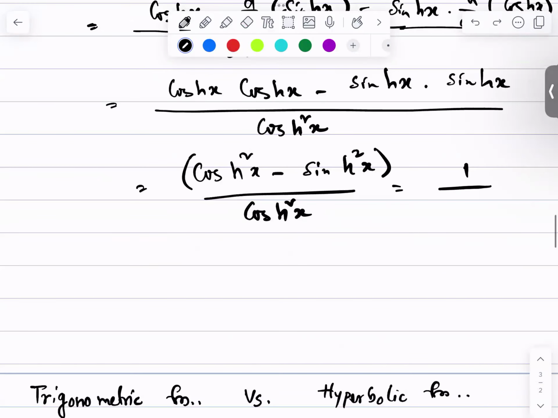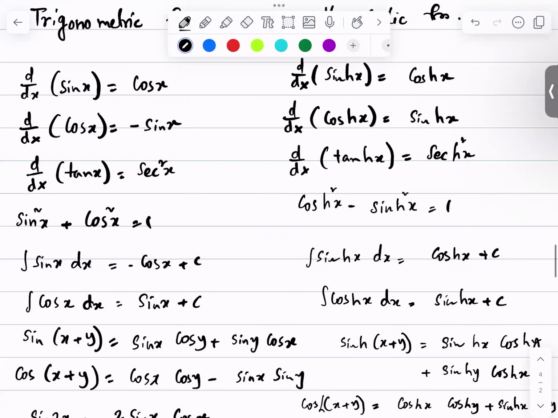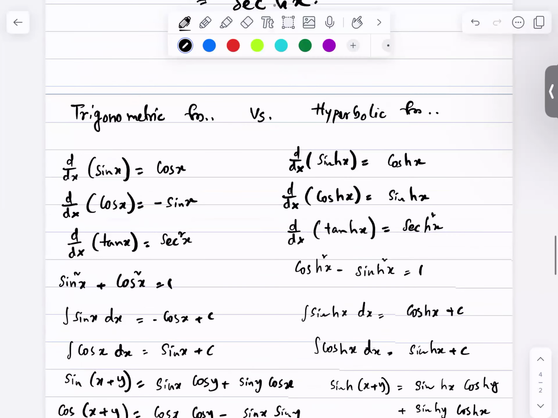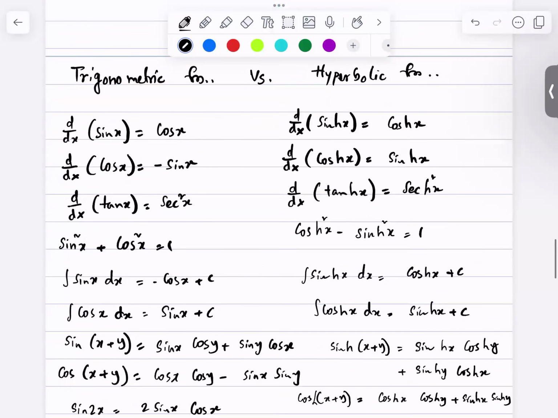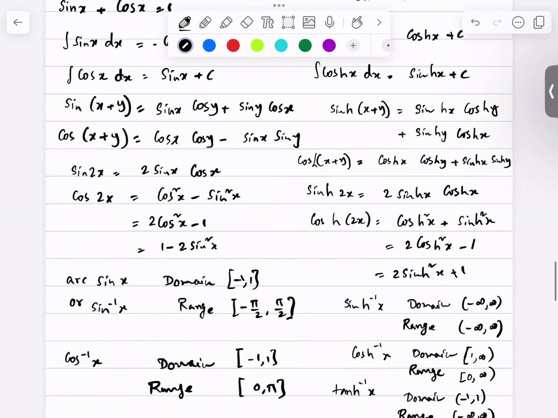So therefore this will be 1 over cosine hyperbolic square x, which is the same as secant hyperbolic square x. Okay, cool. In this page we have the corresponding formulas for trigonometric and hyperbolic functions. So you can look at it later, I guess.